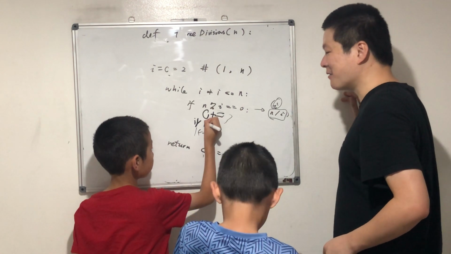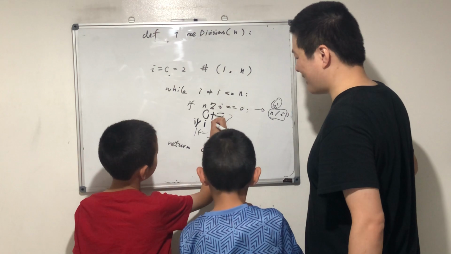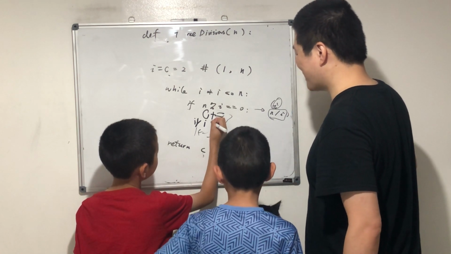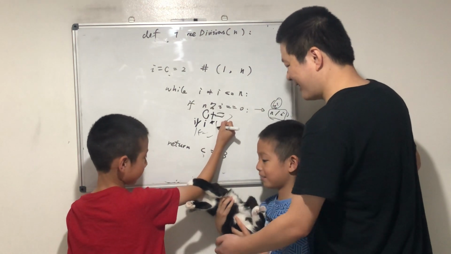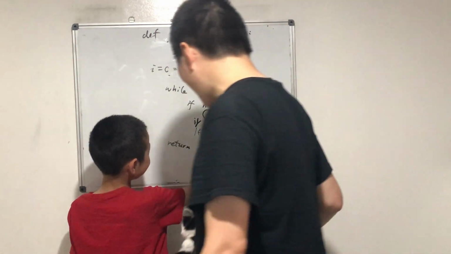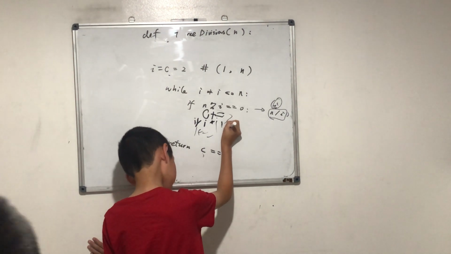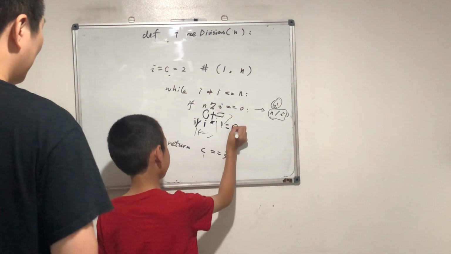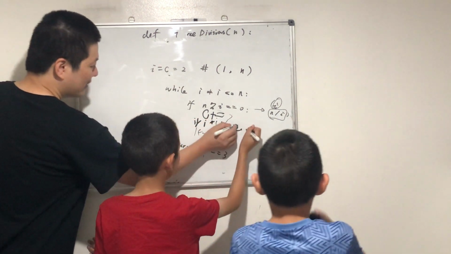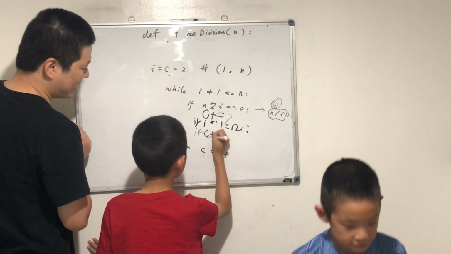So if i times i does not equal N, and then what? C plus equal 1, right? Yeah, that's it.